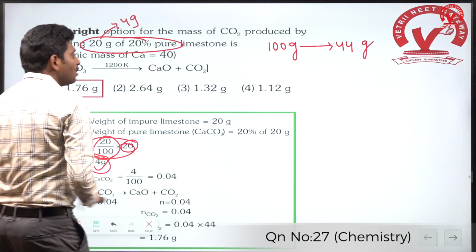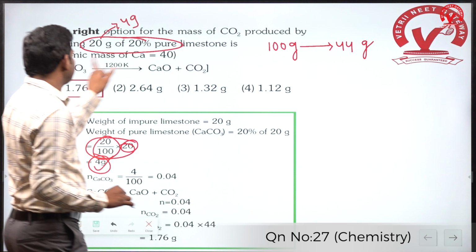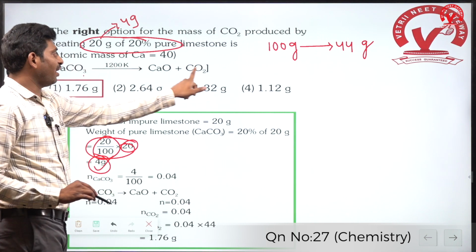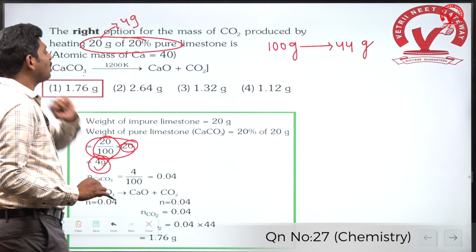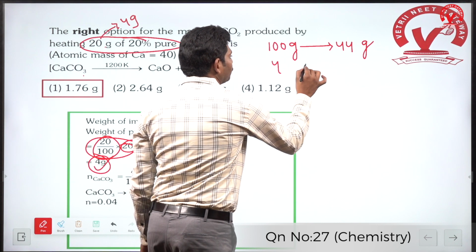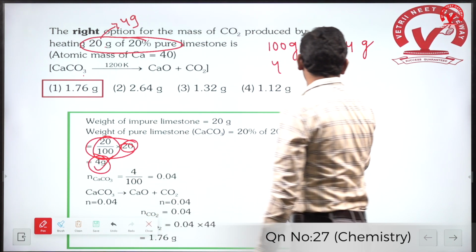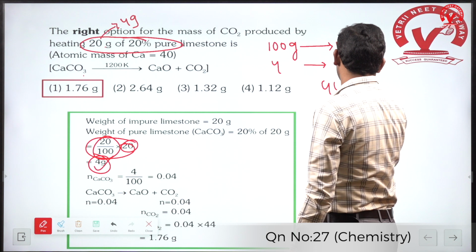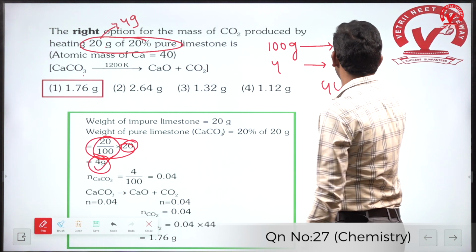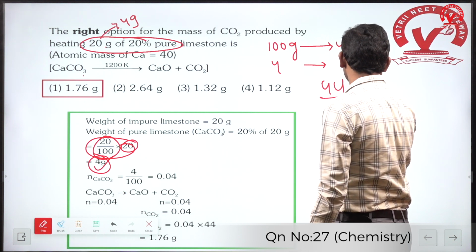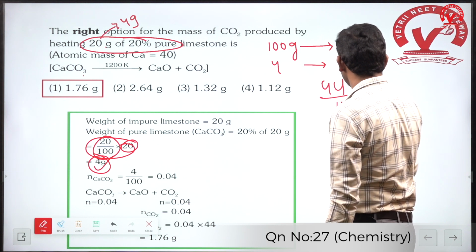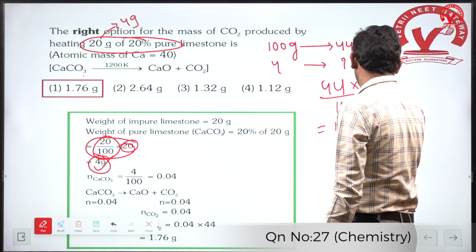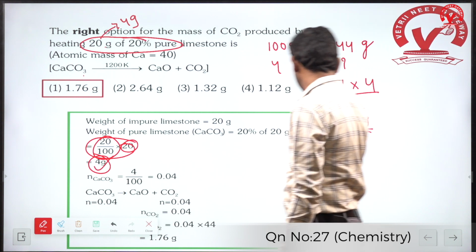So 4 grams. 100 gram of calcium carbonate gives 44 grams. Now 4 gram of calcium carbonate gives how much? By stoichiometric calculation, this is 44 into 4 by 100, crisscross, which comes to 1.76 grams.